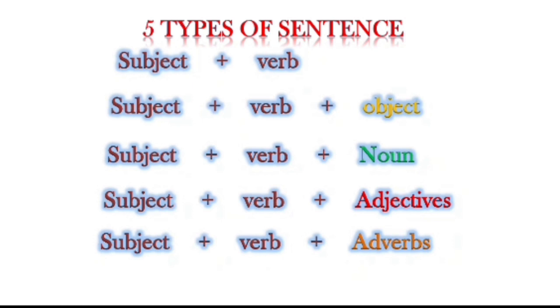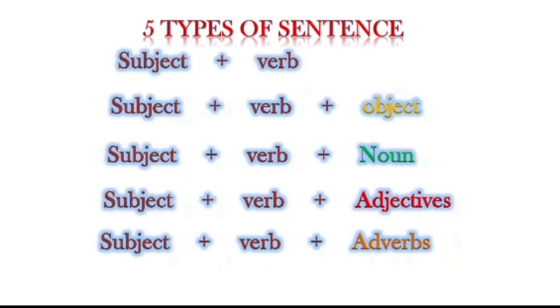In the beginning itself I told you to watch all my noun, pronoun, adjectives, verbs and adverbs videos, which help you to learn these 5 types of sentences very easily, and you can construct any number of sentences by using these structures.